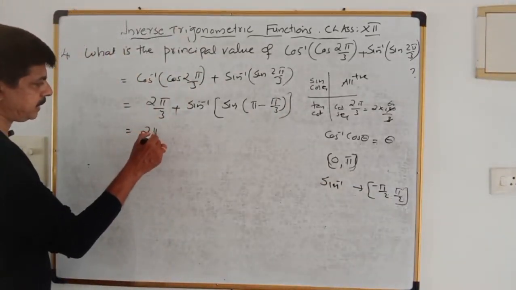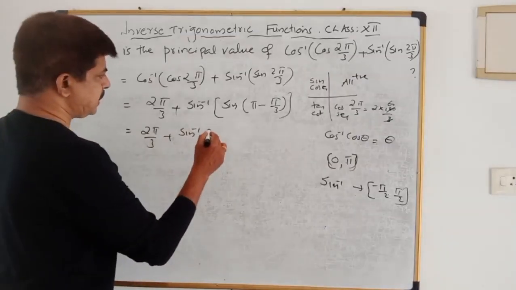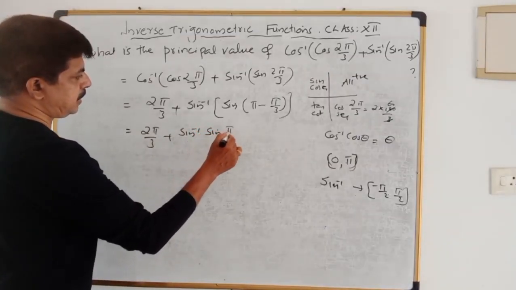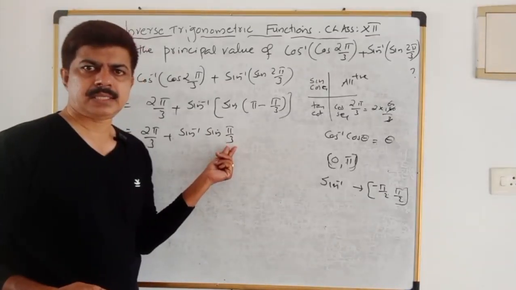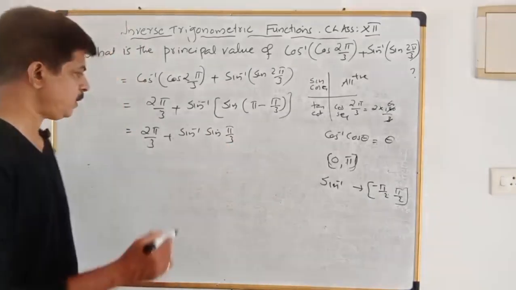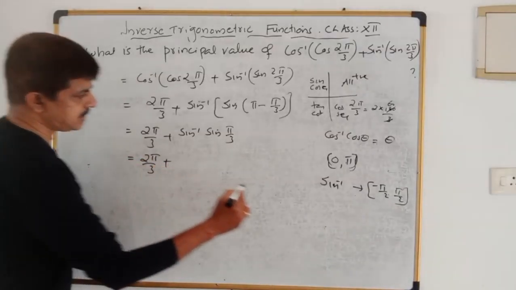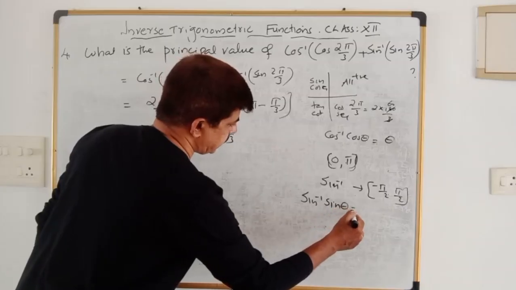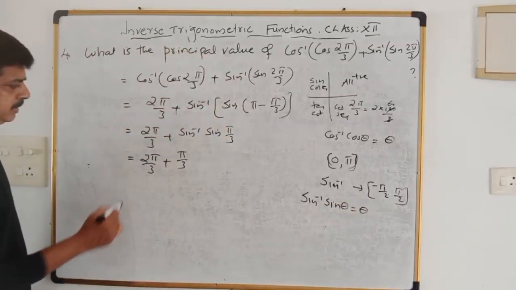So 2 pi by 3 plus sine inverse of sine 180 minus theta. Sine 180 minus theta is sin theta. This value pi by 3 lies in its principal value branch. So 2 pi by 3 plus, since sin inverse sin theta is equal to theta, the answer is pi by 3.